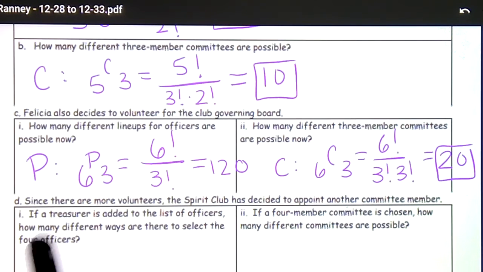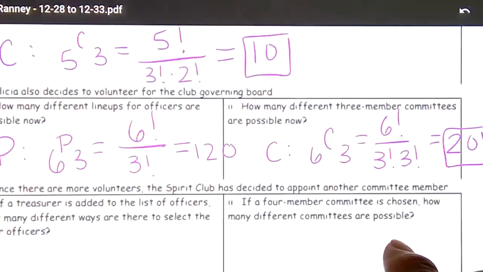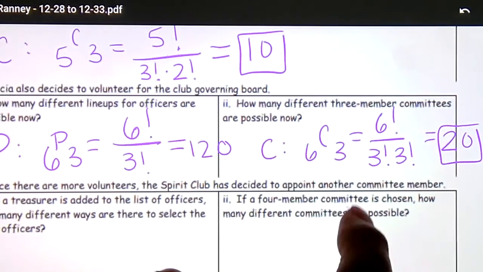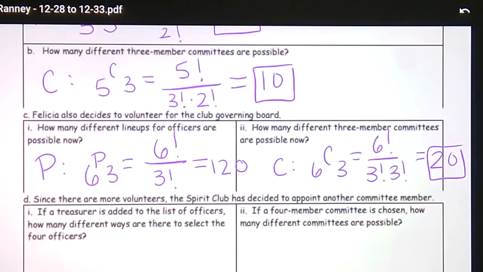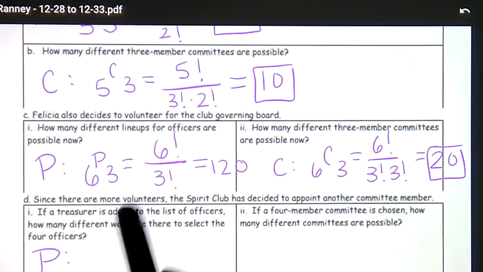Okay, so now on the next one, since there are more volunteers, the Spirit Club has decided to appoint another committee member. If a treasurer is added to the list of officers, how many different ways are there to select officers? So again, we're going to be picking particular positions. So this is going to be a permutation. We still have 6 people.